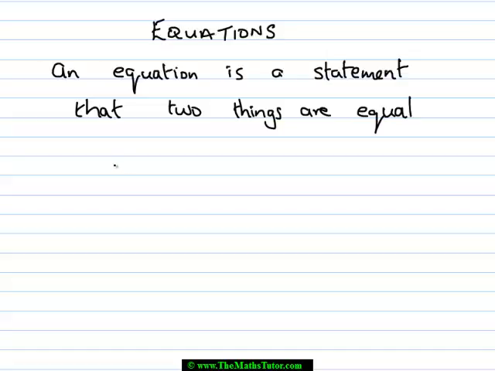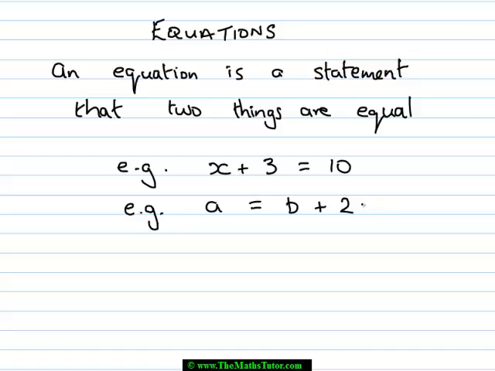For example, x plus 3 equals 10 is an equation. This equation has one variable, x. Another example, a equals b plus 2 is an equation. This equation has two variables, a and b.